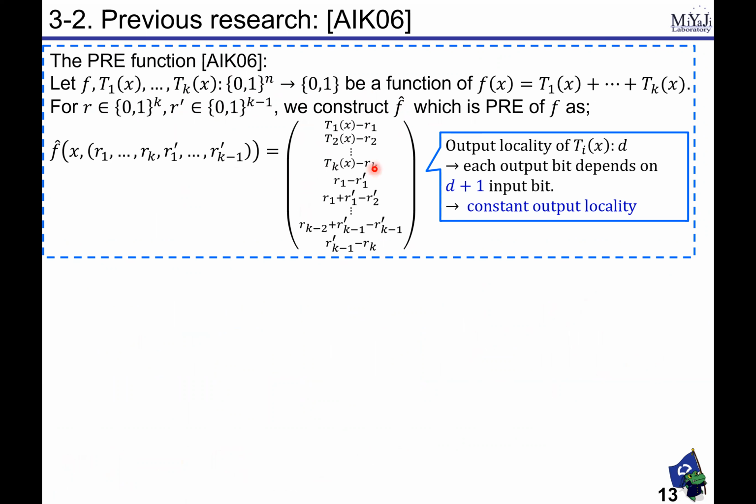So there is T1 to T and so on, and we set the upper locality of Ti as D. That means that each output bit depends on at most D plus 1 input bits. So that means that this upper locality does not depend on the input number, because this upper locality is constant upper locality.